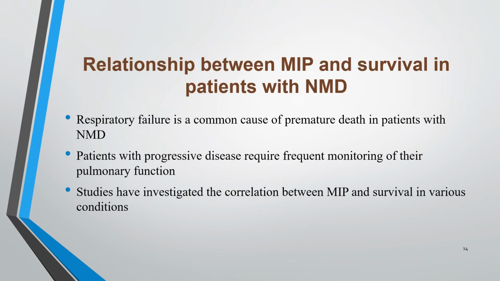As I was mentioning before, MIP and MEP have been involved with survival studies. In other words, when patients have neuromuscular disease, these are one of the most common tests that could predict the mortality of the patient.